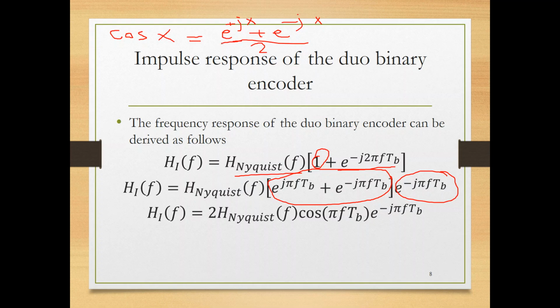What did we call this? Euler identity. And since we don't have 2 here, then we put 2 cosine. Do you understand from where this came? Now you are familiar. Now this is the final impulse response, the simplified final.